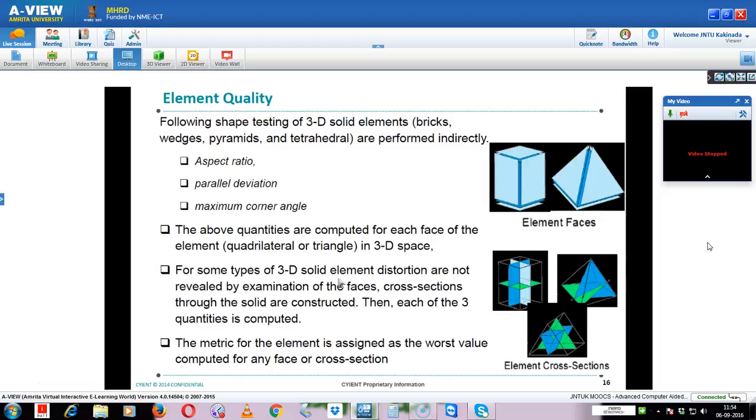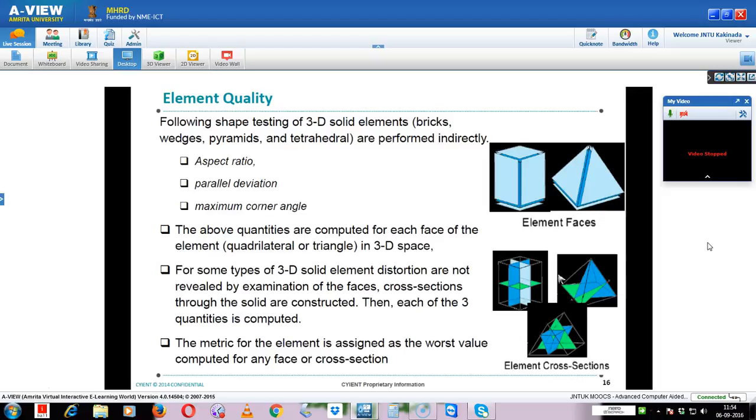For some types of 3D solid elements, distortions are not revealed by examining faces. Some of the distortions we cannot examine by seeing the faces; we can only check them by checking the cross sections. Like you see here, some of the pictures I put together.